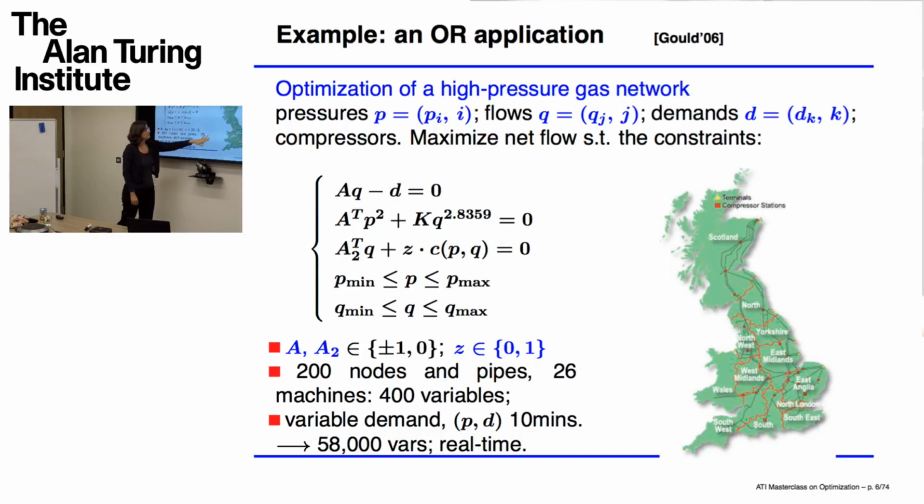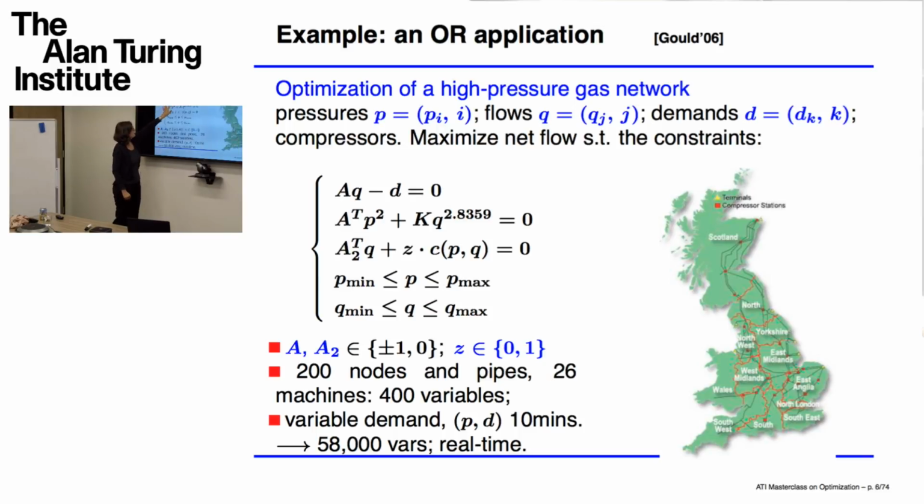And in this framework, the pressures and the flows are your variables, and the demands, you can assume, are given. And so you try to find out how much you should pump across each pipe and at what pressure, so that you satisfy demand.